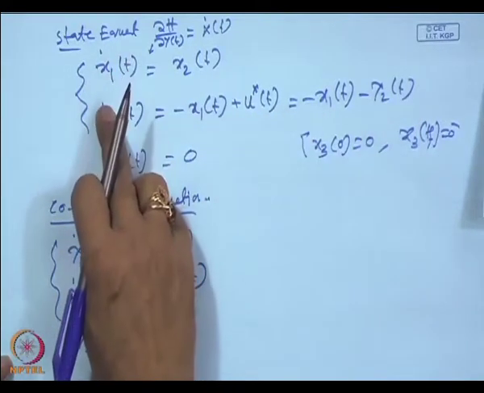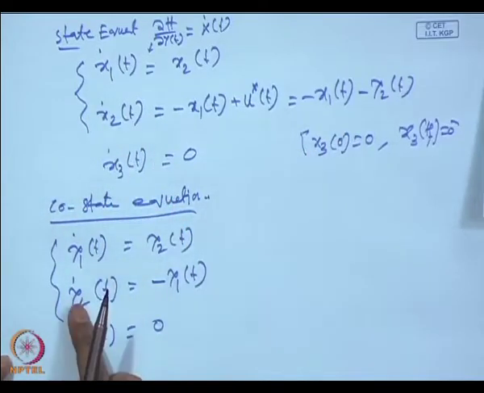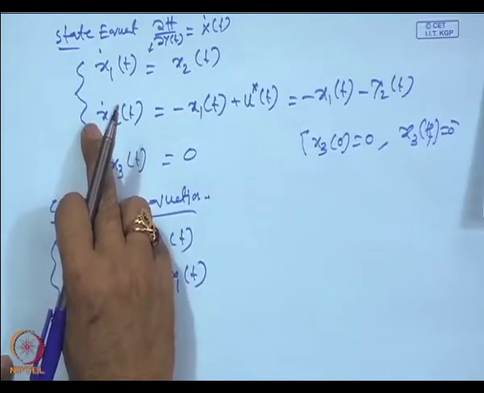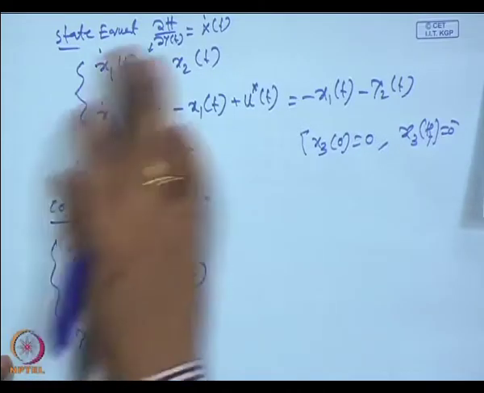Now see this also, x1, x2, lambda 1 dot, lambda 2 dot. If you want to solve x1, x2, you must have information of lambda 2, then only you can solve x2. Agree? So how to solve this one?